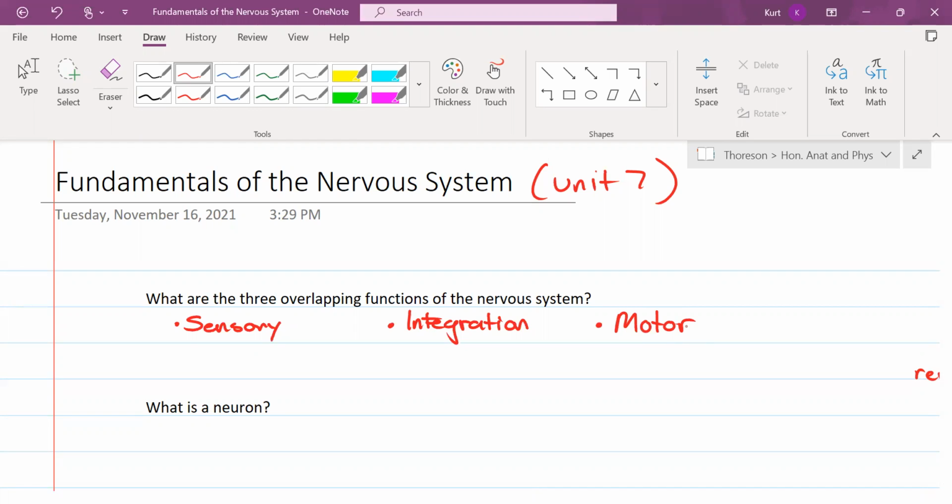We're going to get to motor output later. All right.